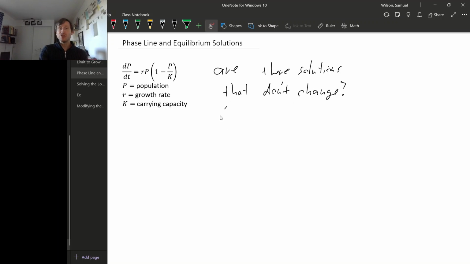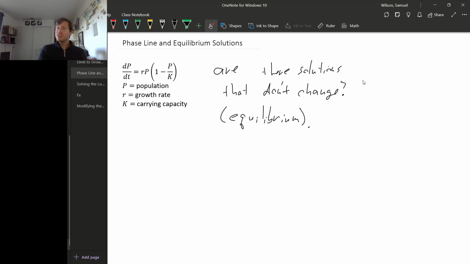These kinds of solutions are called equilibrium solutions. Equilibrium just means everything is balanced, and that's the idea we're getting at. We're looking for populations where the tendency to grow is limited by something else, and so the population stays the same.